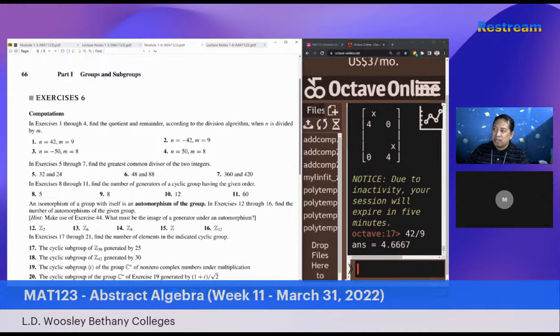Okay, Michaela, can you solve for number 2, where n is negative 42 and m is 9? Take note, r is always positive. All right? Can you put there in the chat box your answer for q and r for number 2? Okay, can you type on the chat box, Michaela, your answer?